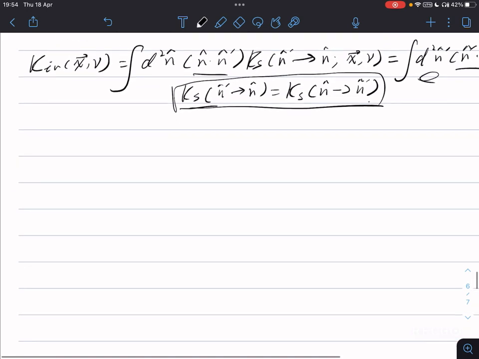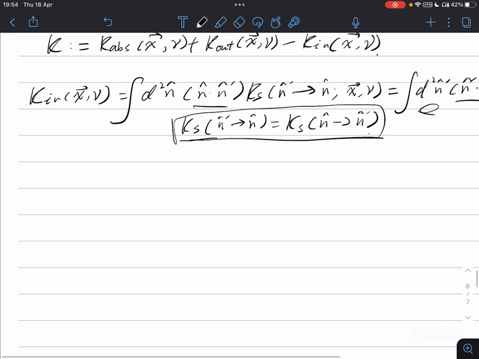So let's verify one thing about the property of scattering. If the final direction and the initial direction are the same, then the scattering process does not exist at all. So chi out minus chi in should vanish. Let's verify it.